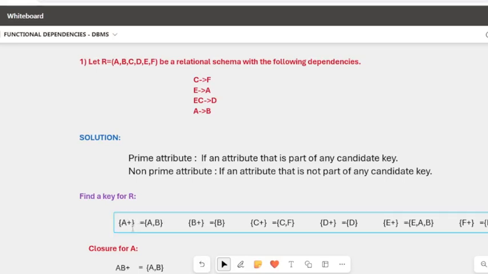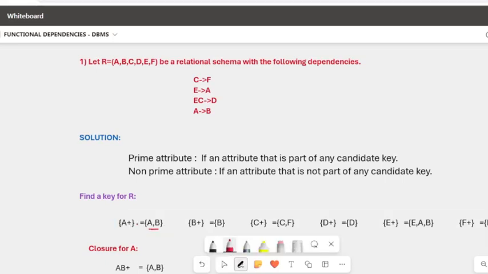So let me start from a single attribute, A closure. A closure is denoted by a plus symbol, so the closure of A is A+. First, that particular attribute must be available there, so A is compulsory.